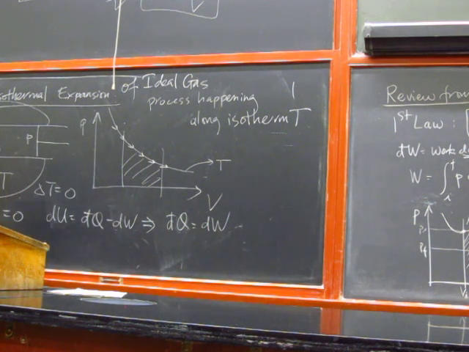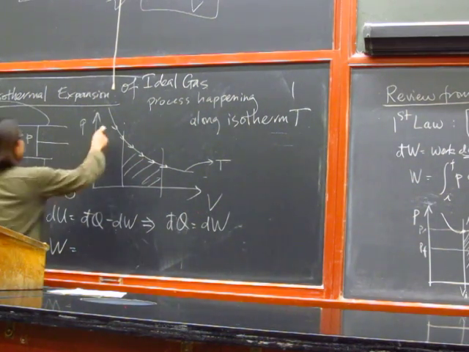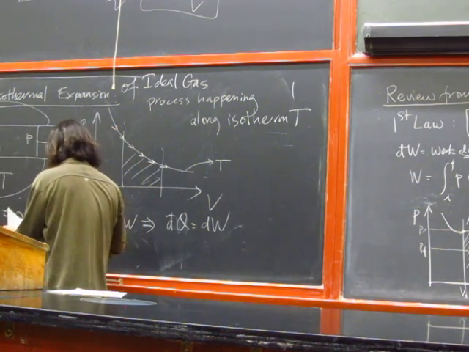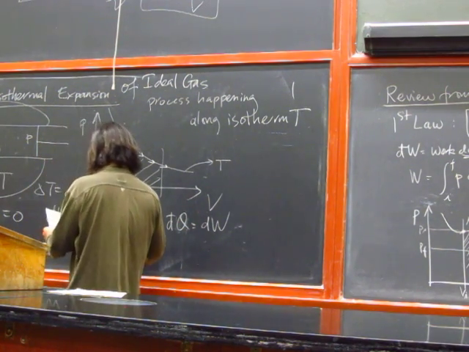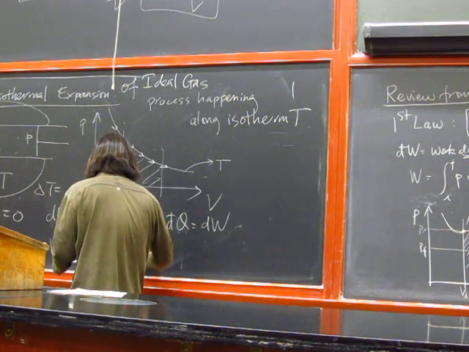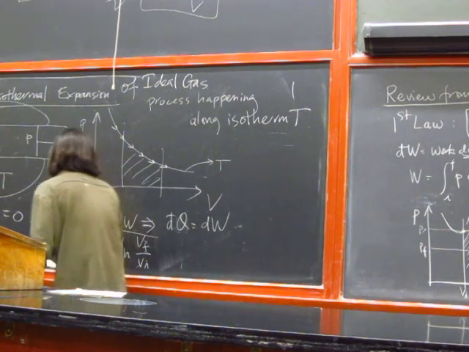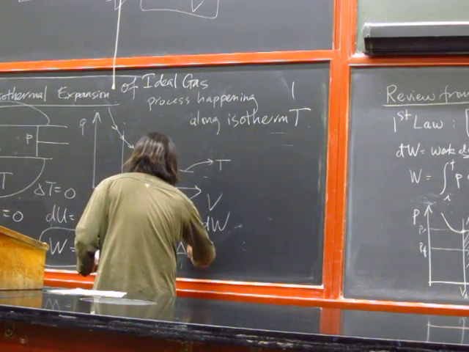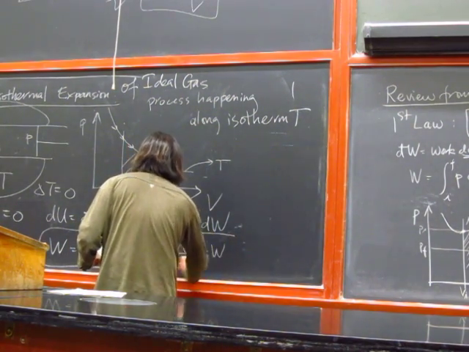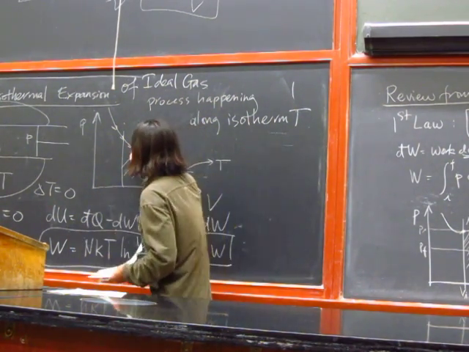And we found also from last Wednesday, just to summarize, I don't have to do this again, that the work done here in the expansion is given by nkT log of the final over the initial volume.